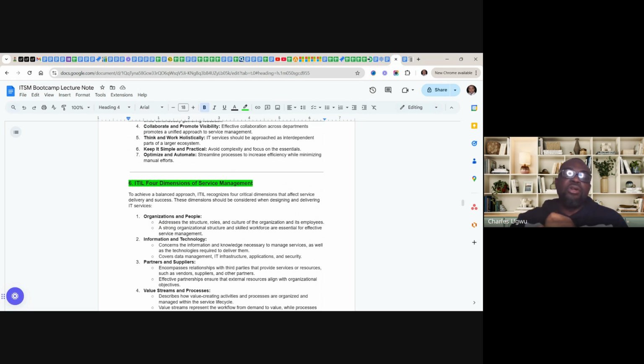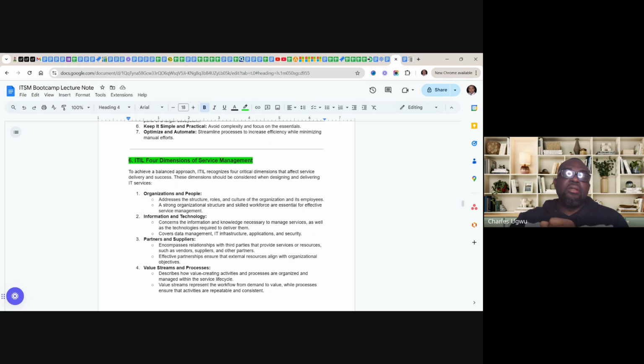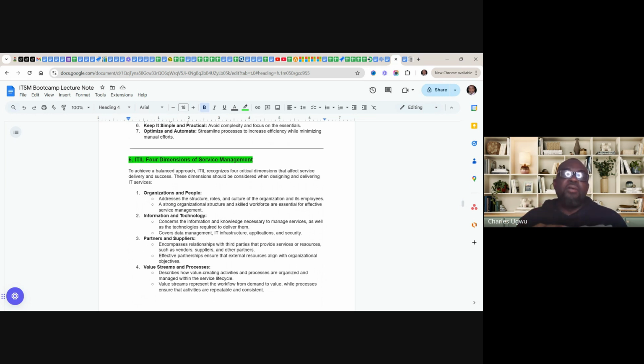The 4 dimensions are: organization and people, information and technology, partners and suppliers, and value stream and process.